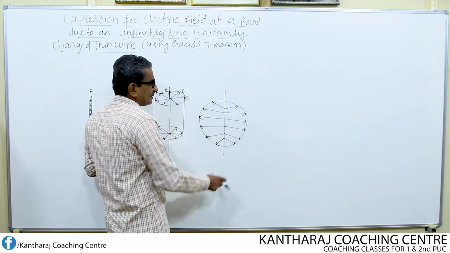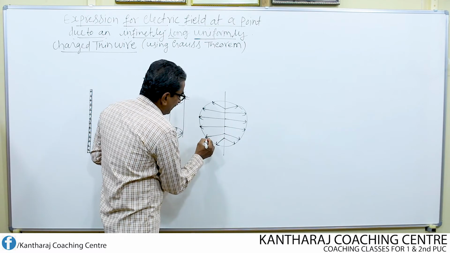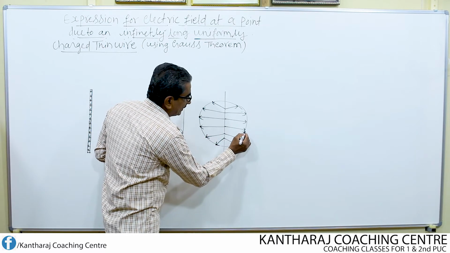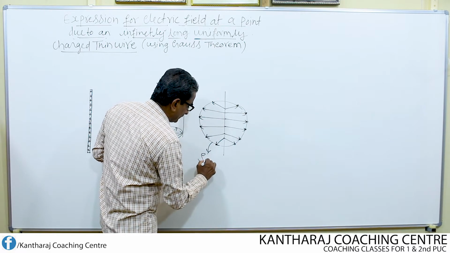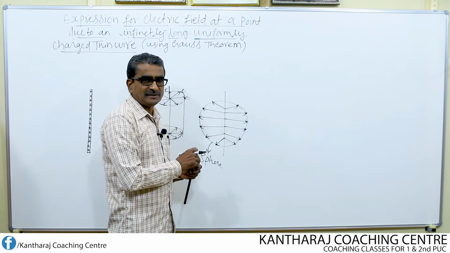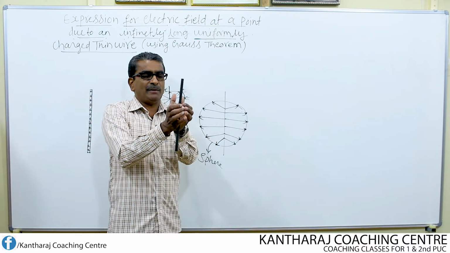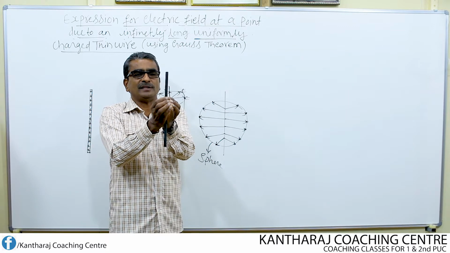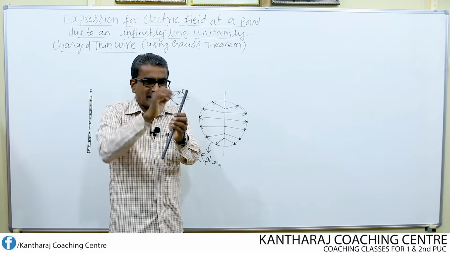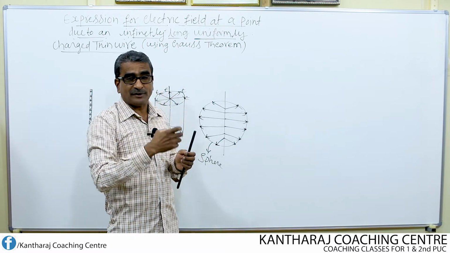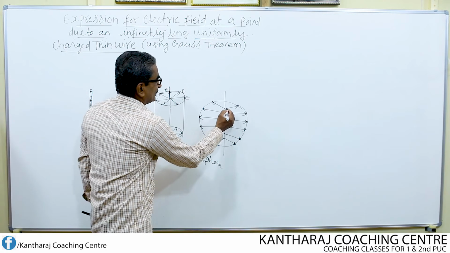Like this. Since the distance keeps on changing, the magnitude of the electric field at all these points on the surface of the sphere, remember this is not a circle, this is a sphere, is different. That means if I imagine one sphere all around this conductor, then the distance from this wire at different points on the surface of the sphere does not remain the same.